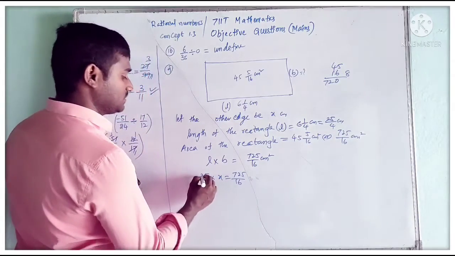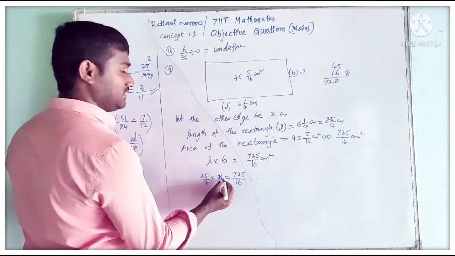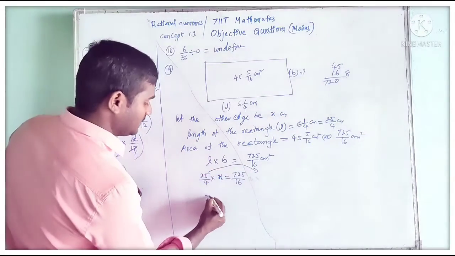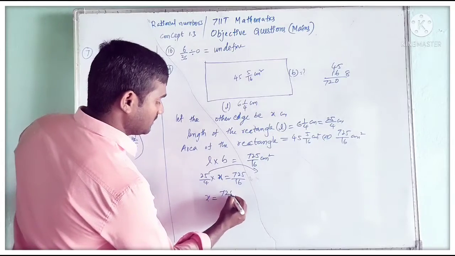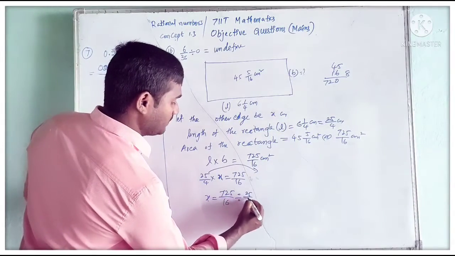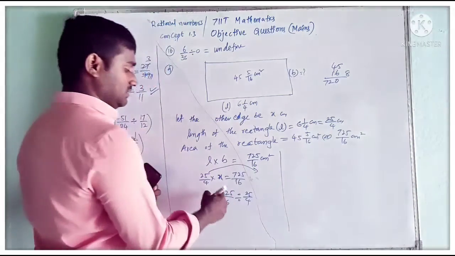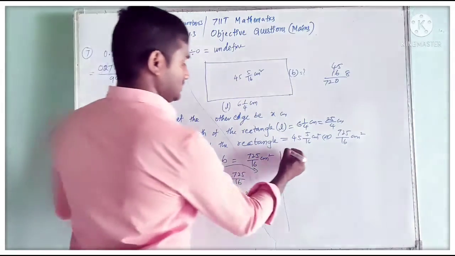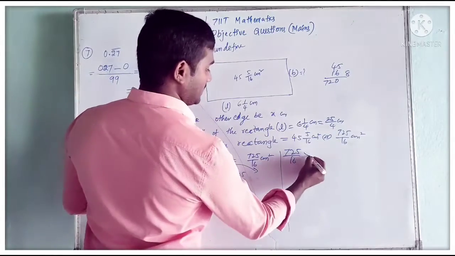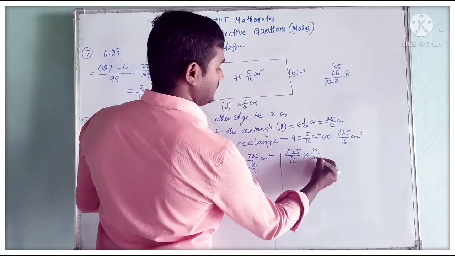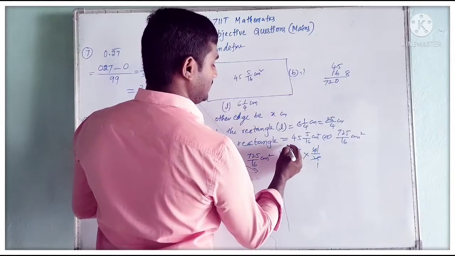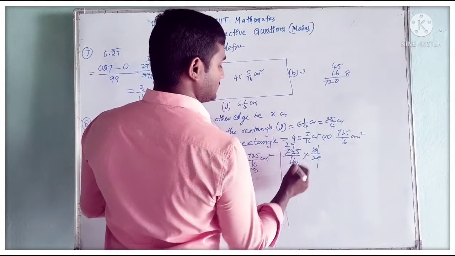So we need to transpose to find the x value. Transposing the 25 by 4 to the right side, x is equal to 725 by 16 divided by 25 by 4. Now 725 by 16 divided by 25 by 4 means multiplying by the reciprocal, 4 by 25. So 4 ones are 4, 4 fours are 16, 25 ones are 25, 25 twos are 50, 25 nines are 225.